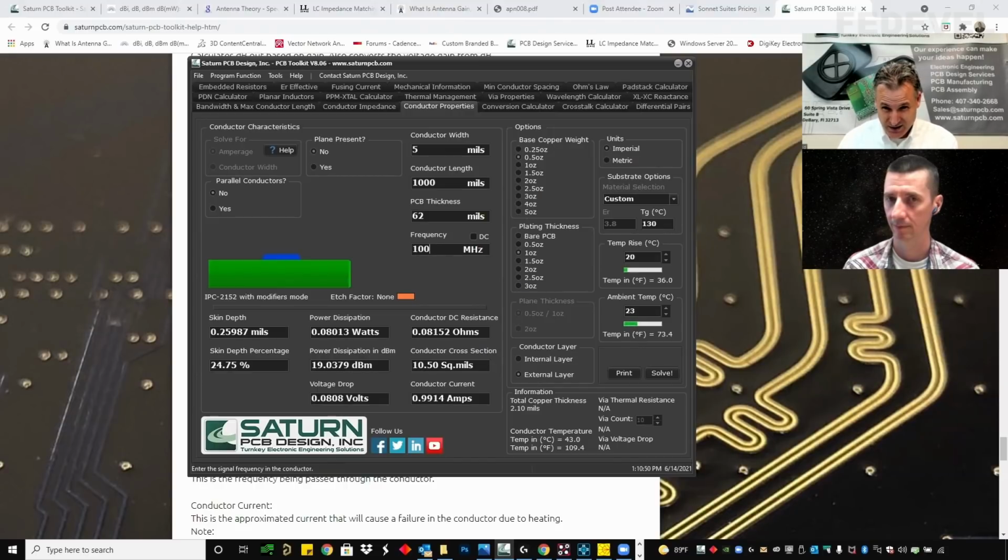I believe Doug Brooks has a white paper on skin depth, and the skin depth percentage that you're not supposed to go below some value. I don't remember exactly what it is, but if you go too deep, it starts adding resistance, RF resistance or something like that.